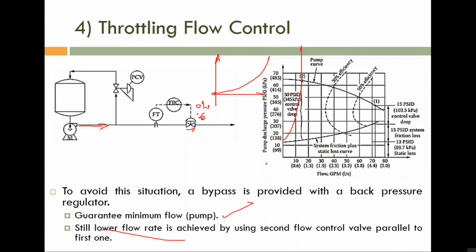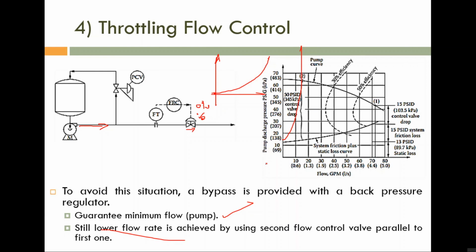Otherwise, the operation is similar to the centrifugal pump. Whether it is an on-off flow controller, on-off pressure controller, or throttling controller, the operation, design and implementation are similar to the centrifugal pump.